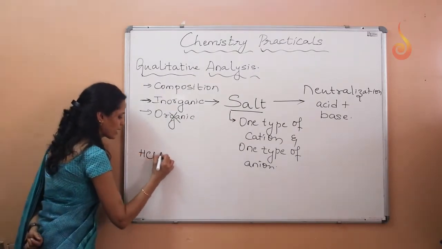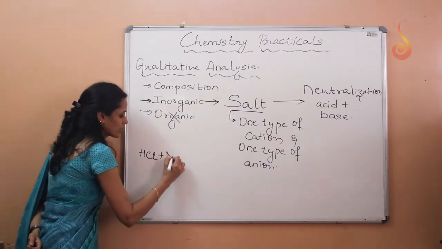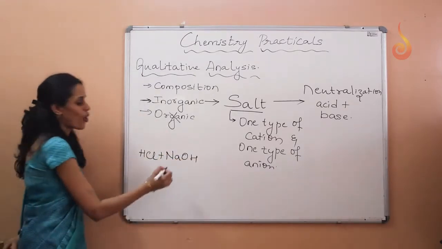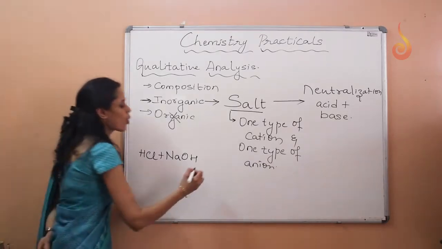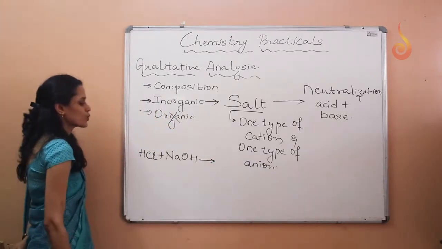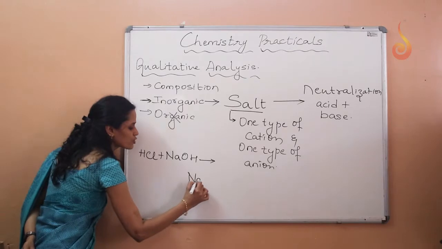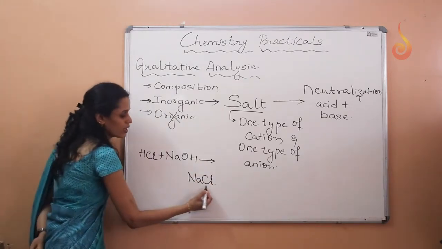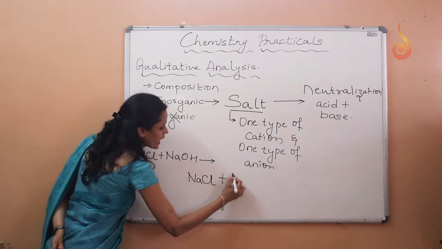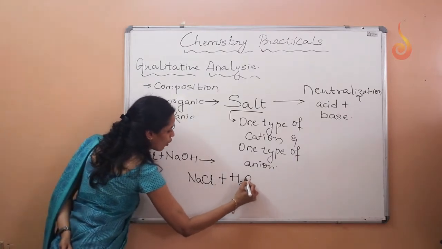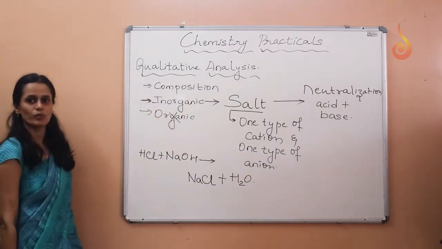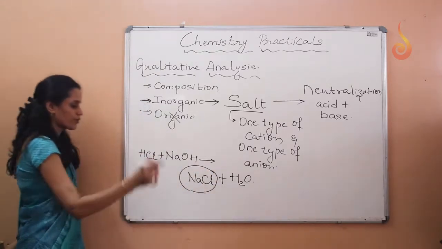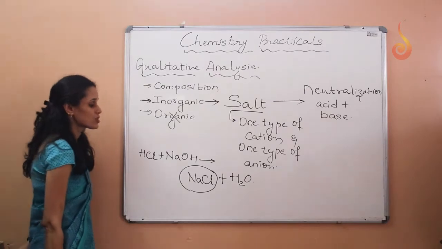Let us take HCl, hydrogen chloride, and react it with a strong base, sodium hydroxide. This gives rise to the formation of a salt, sodium chloride, and water. So the compound we have gotten is a salt.